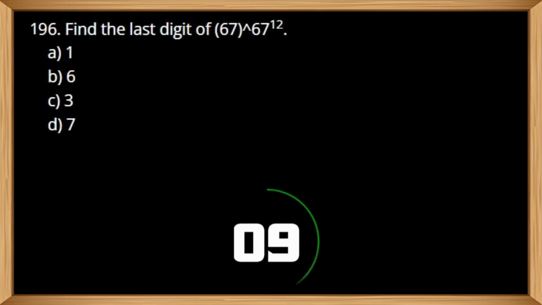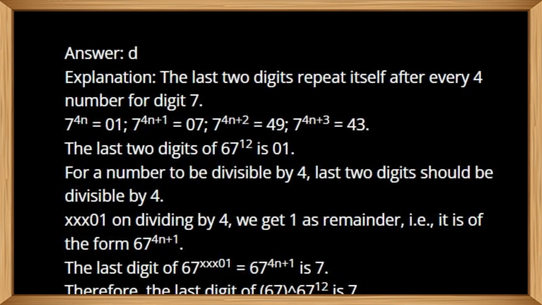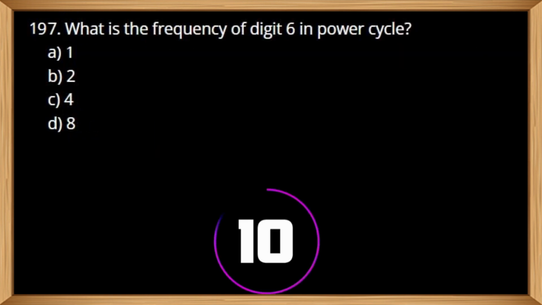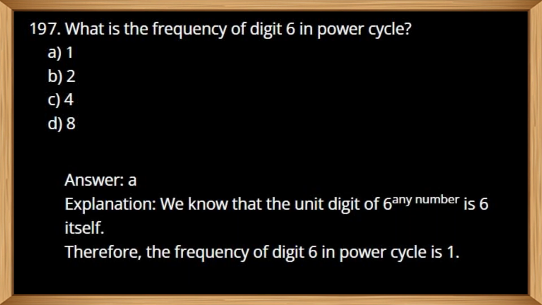Find the last digit of 67 to the power 67 to the power 12. Option D 7. What is the frequency of digit 6 in the power cycle? Option A 1.